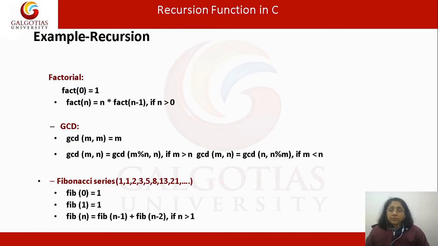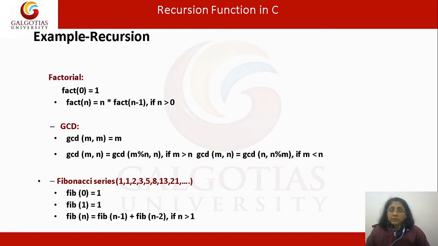Here, we have considered three problems: one is factorial, another is GCD of two numbers, and the third is Fibonacci. In case of factorial, the base condition is, as you have seen, when n equals 0. It is trivial and the output will be 1. Otherwise, factorial of n will be n times factorial of n minus 1 if the problem size n is greater than 0.